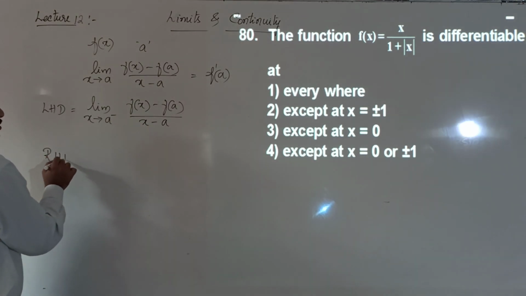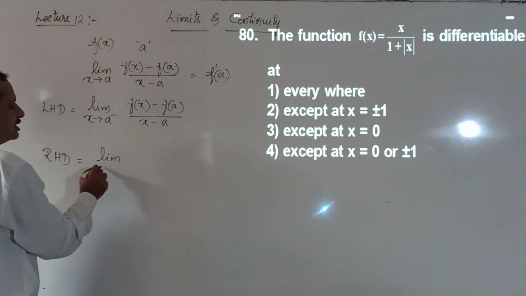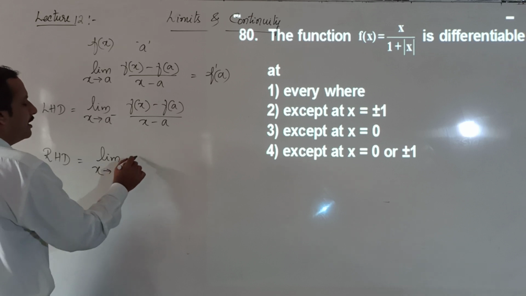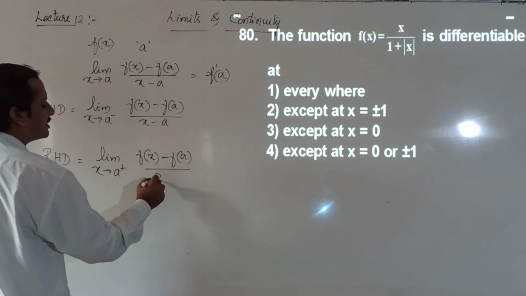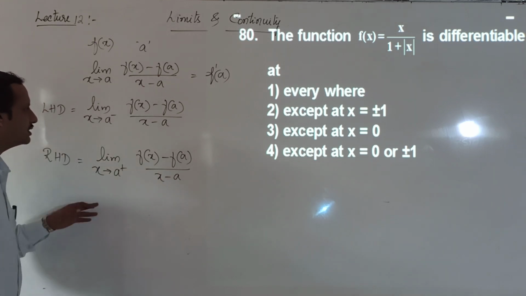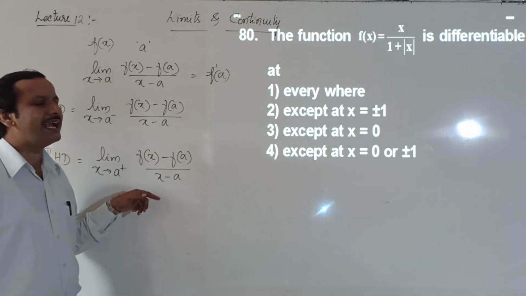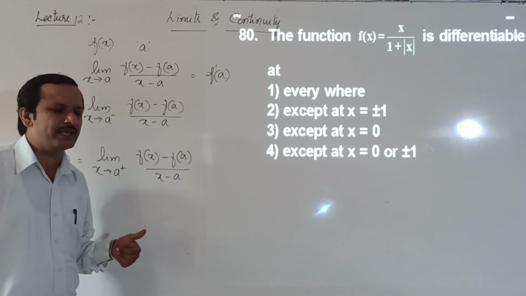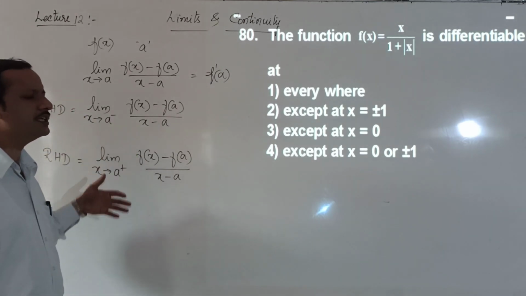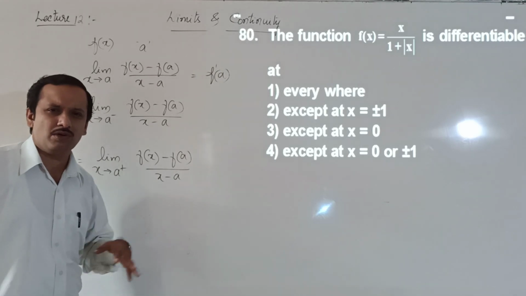Right hand derivative means limit x tends to a plus of f of x minus f of a divided by x minus a. This should exist. These two should exist and they should be equal. Then we say that the function is differentiable at x is equal to a.